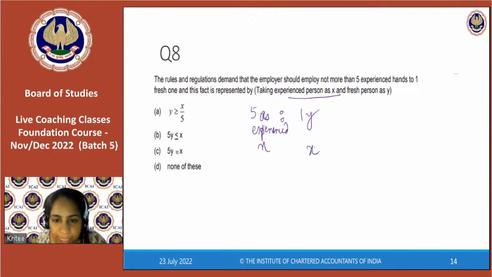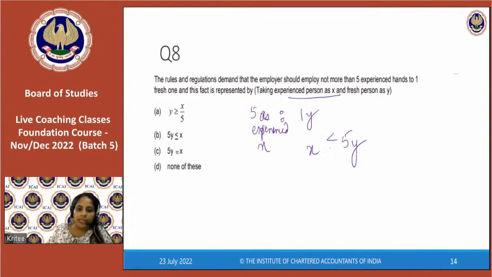Your 1x is equivalent to 5 times Y, and it should be not more than. That means your experienced people can be not more than 5 times what your freshers are. So it should be less than or equal to. Your X is less than or equal to 5 times the Y. So A is the correct answer.